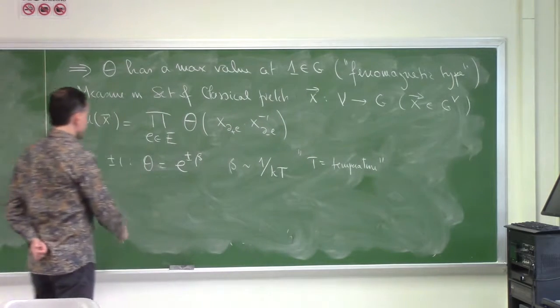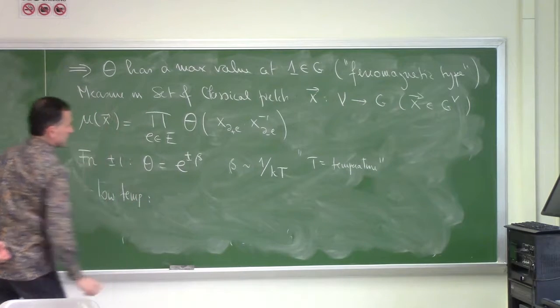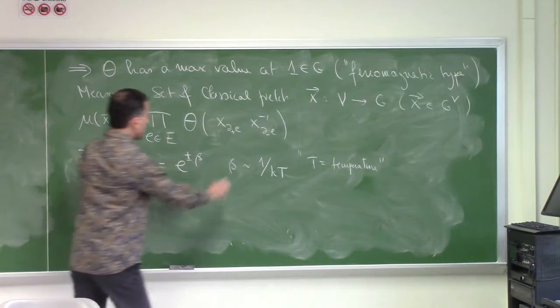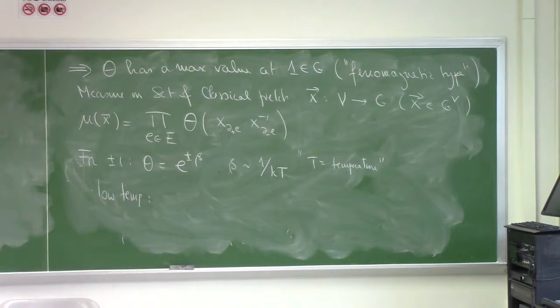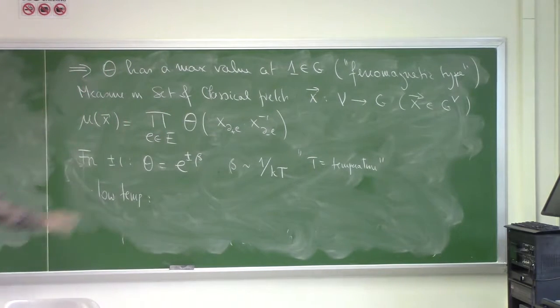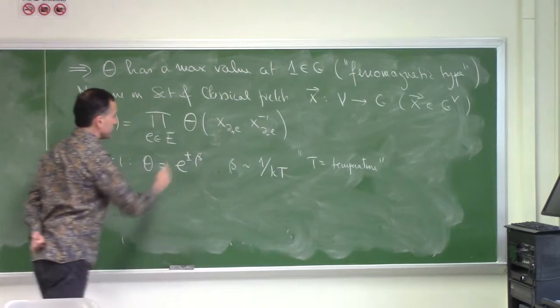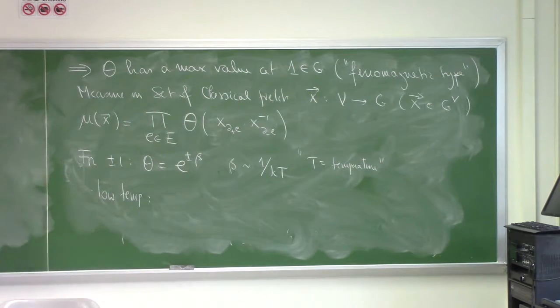And what does it mean? So low temperature, what does low temperature mean? Means very high value of beta. So you see that interactions where the fields agree are very highly favored. You get large values when nearby fields agree for their measure, and very low values when the fields disagree. So you're weighing the field configuration.